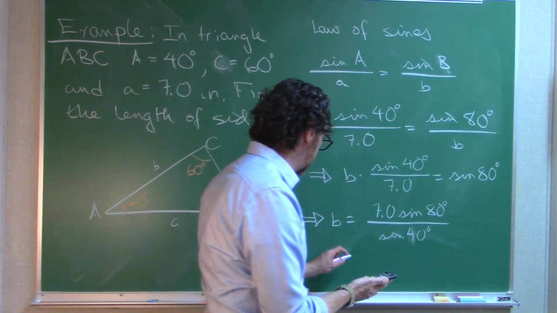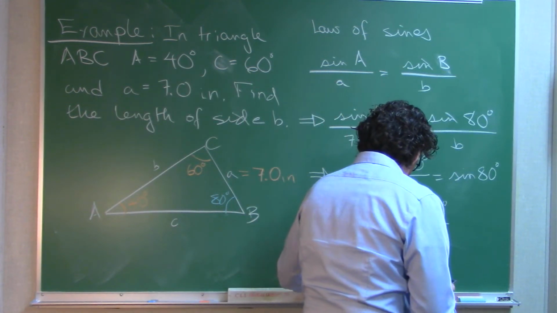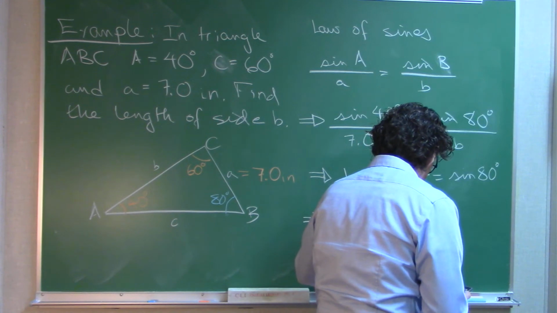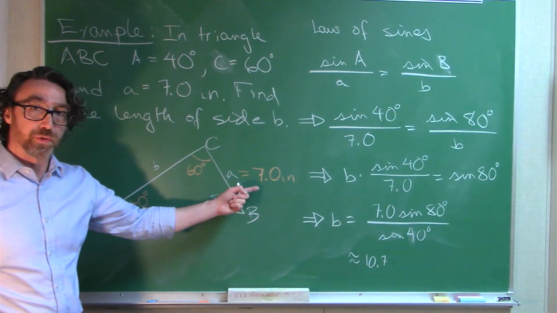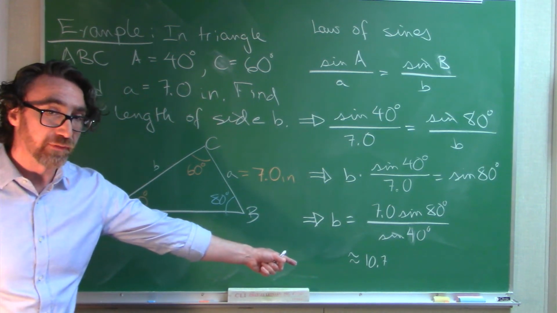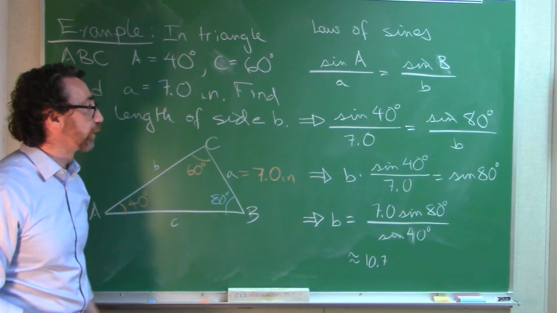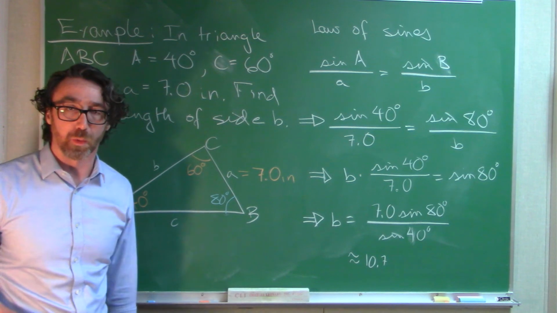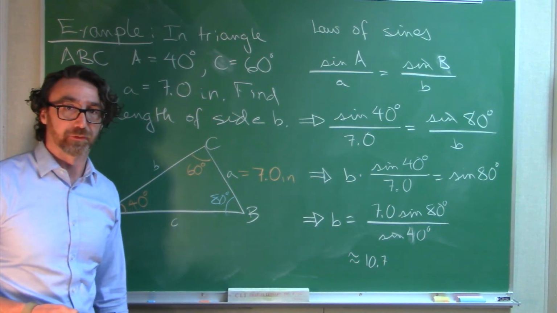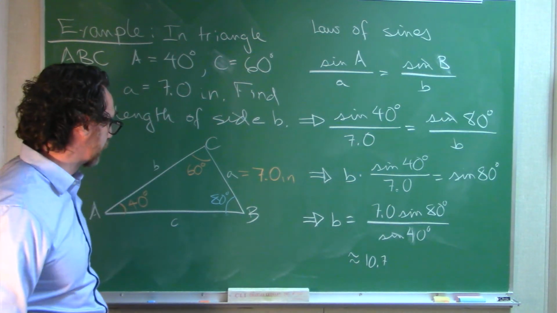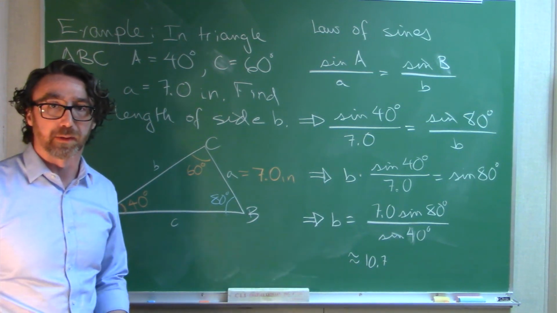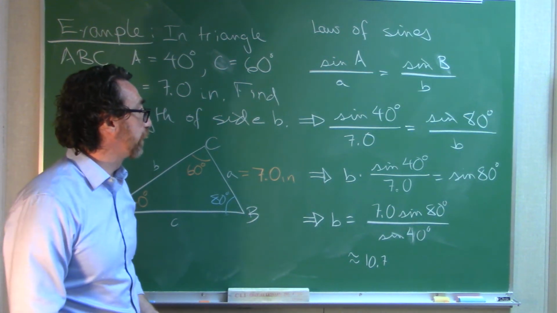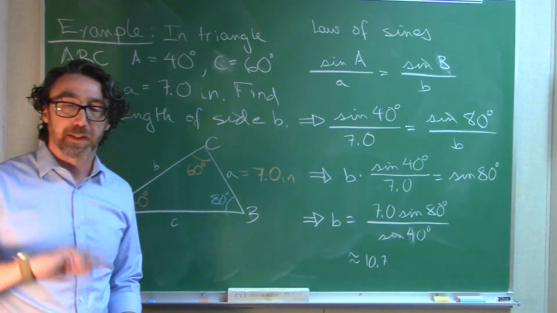So I'm getting approximately 10.7. I guess we should actually go to two significant figures and call that 11. But it's our first application of the law of sines to find out information about an unknown side in a triangle. Typically it comes up when you know two angles and one side.